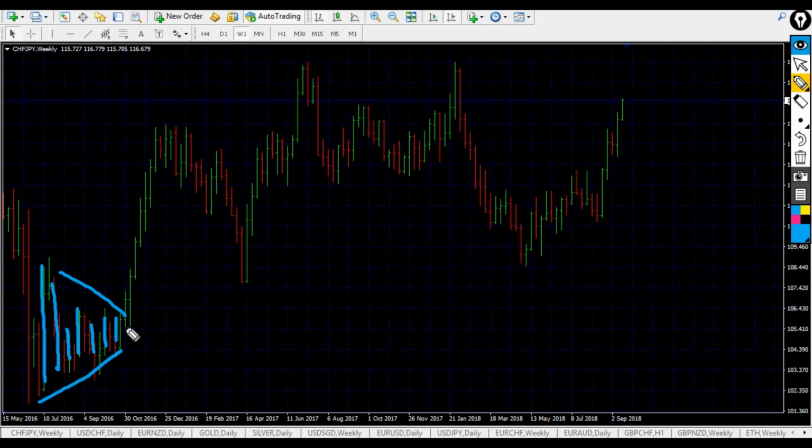So when price does something like this, and eventually when it breaks, what does it mean? It means that price is done with this sideways consolidation. When price consolidates sideways like this, it's where it's gathering momentum and trying to figure out where it should go.